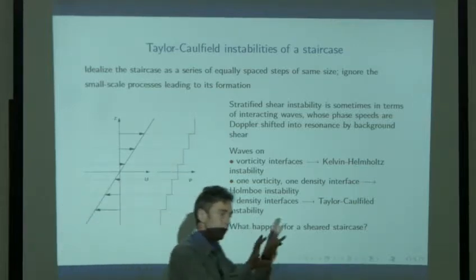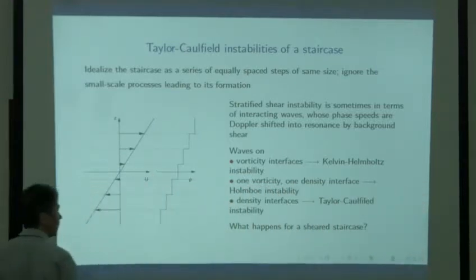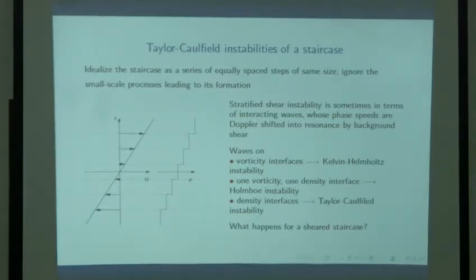All right, so there's not going to be any inhomogeneity in the staircase that might give rise to some kind of localization effects or anything like that. I'm thinking about this as an instability problem. So when you have shear and stratification, sometimes people like to interpret the instabilities in terms of interacting waves.